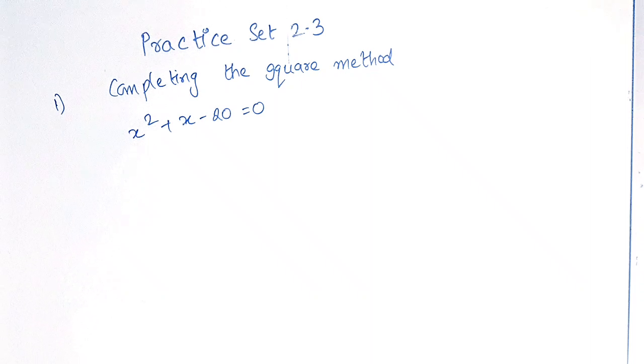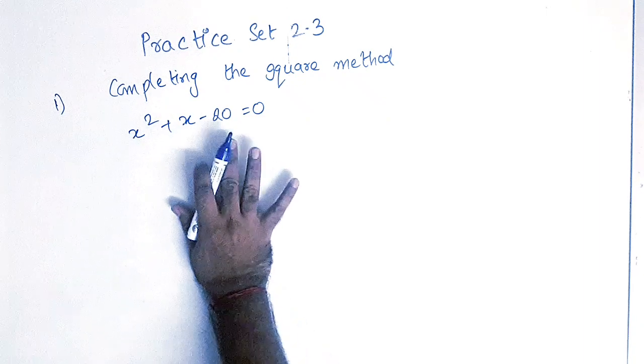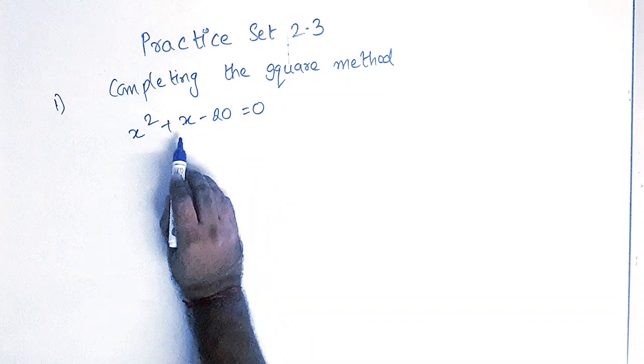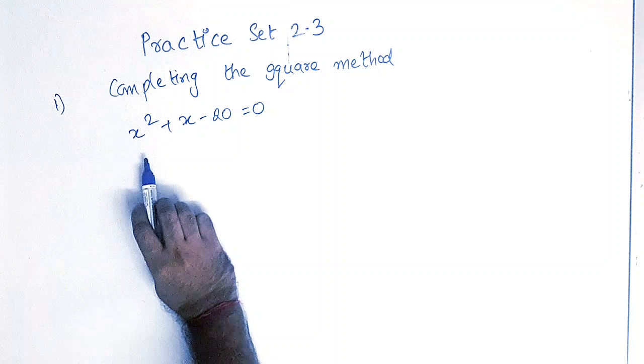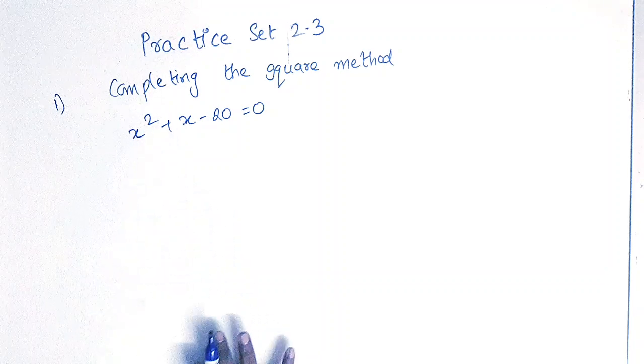Be attentive, children. So the first thing is you have to compare this. The equation should be in the standard form. All of you know what is standard form. The first and the second term, that is ax square plus bx, you have to compare always with x square plus 2xy.